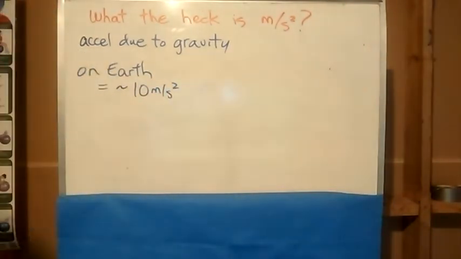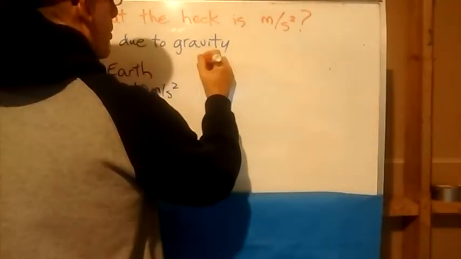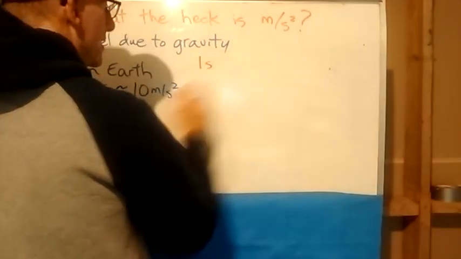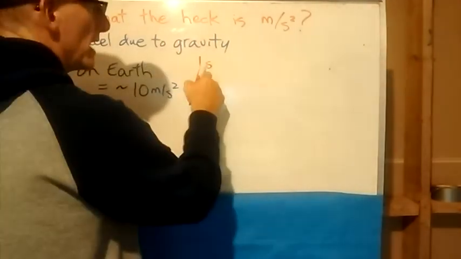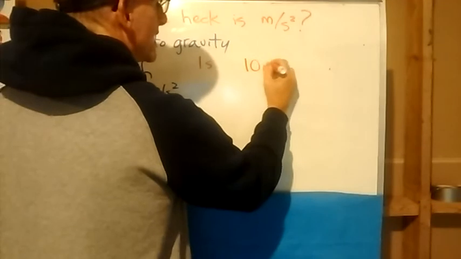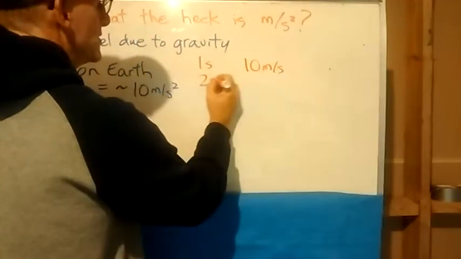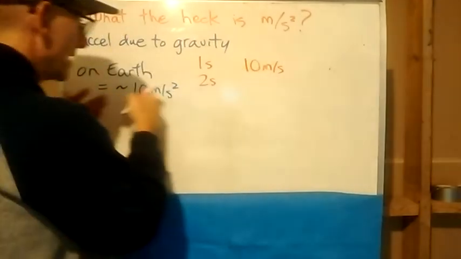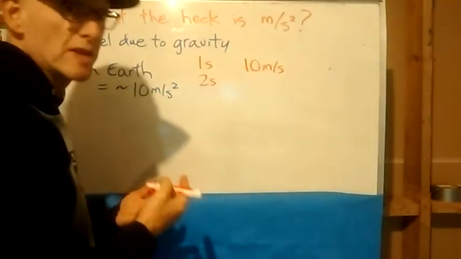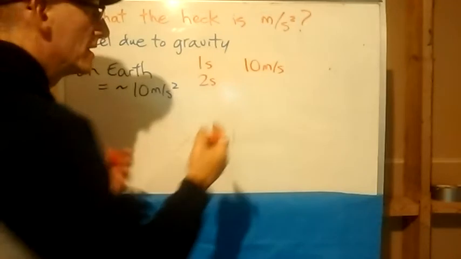And what that really means is if you fall for 1 second, then your speed increases 10 meters per second. So your speed at the end of 1 second is 10 meters per second. If you fall for 2 seconds, your speed is 10 meters per second plus another 10 meters per second, because it increased 10 meters per second for each second that it fell.